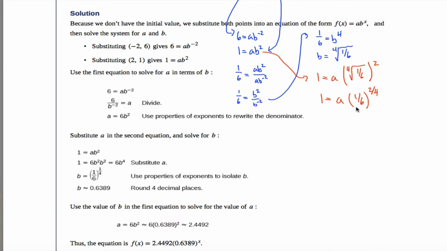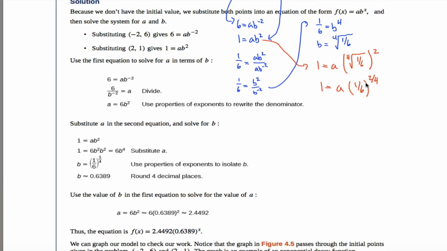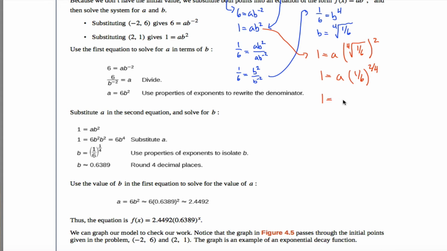If you're raising something to a fractional exponent, the numerator becomes the power and the denominator becomes the root. Likewise, if I have a base that has a root and an exponent, I can rewrite that as a fraction. But this fraction simplifies. 2/4 is the same as 1/2. So really what I get is that 1 is equal to a times the square root of 1/6.